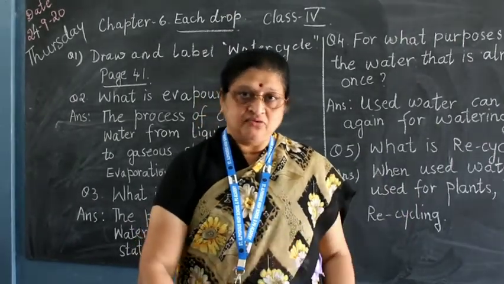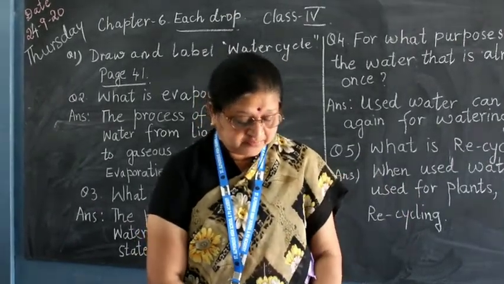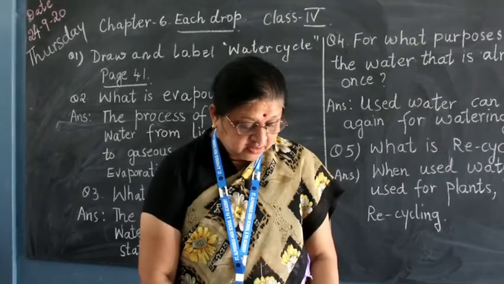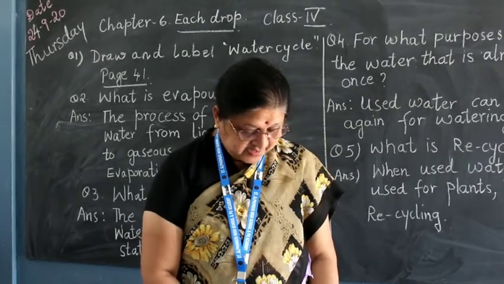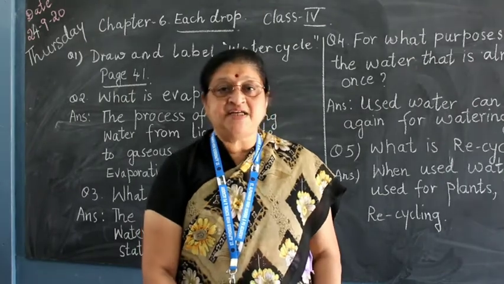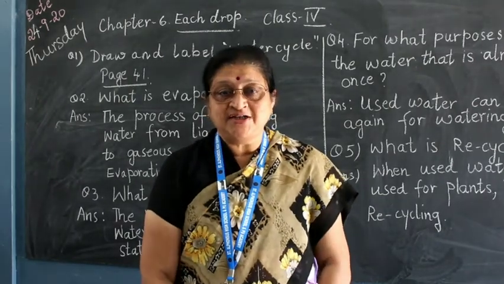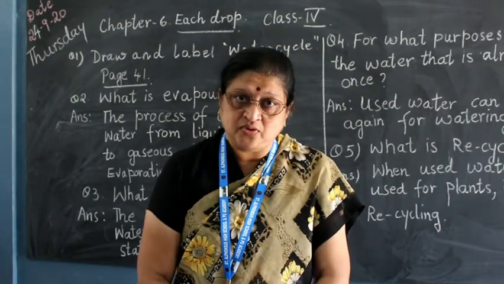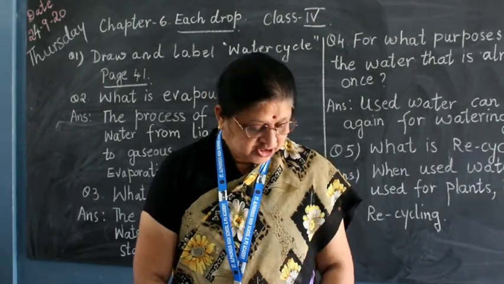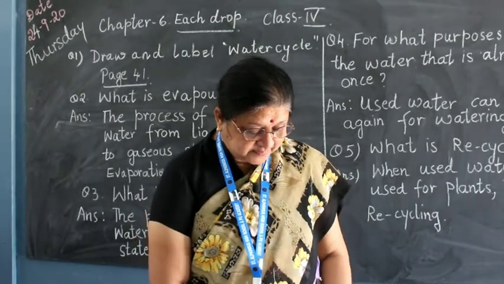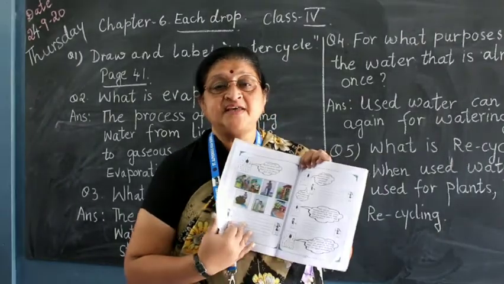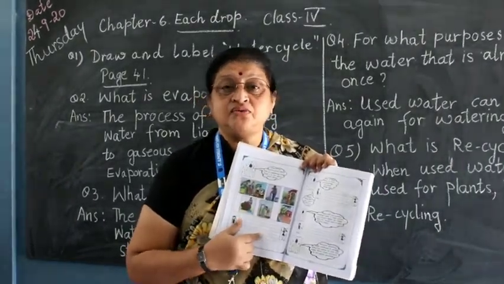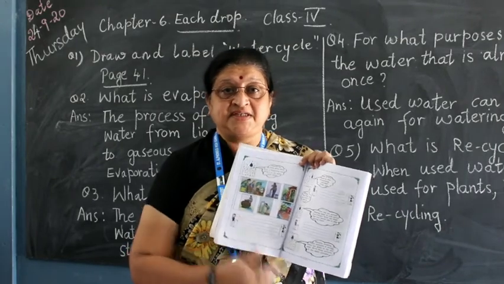You can write your own answers with correct spelling. Now these small queries are on pages 49 and 50. Children, these are small activities which you can do in the textbook. You can see the pictures given here. Seeing the pictures, do these small activities.